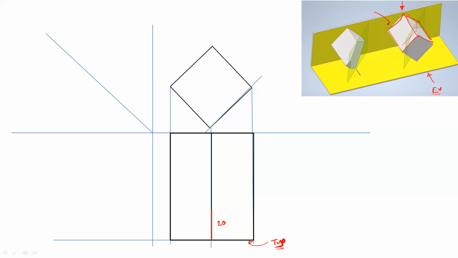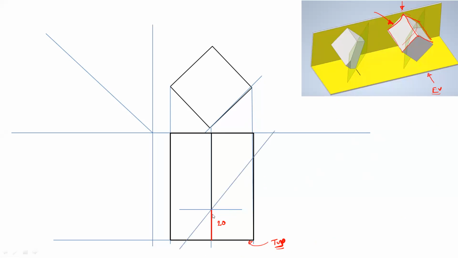Now draw the line inclined at 40 degrees. You can draw one reference line, use a protractor, take the angle of 40 degrees with respect to this line, and then draw this line.